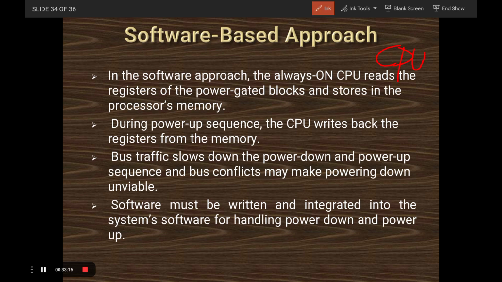The CPU reads the information of the corresponding register when the device is going to be powered off. Whenever it finds the device is in power down, at that time the CPU gets back the corresponding data from the memory. That means the data is stored in the processor memory.